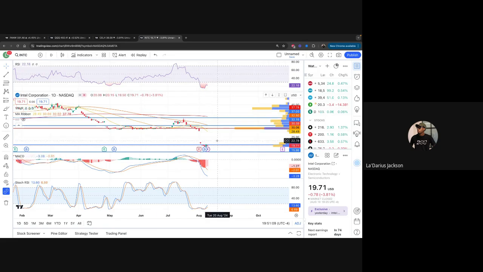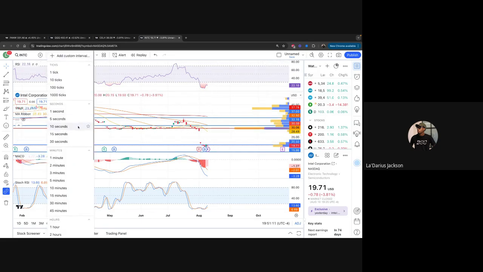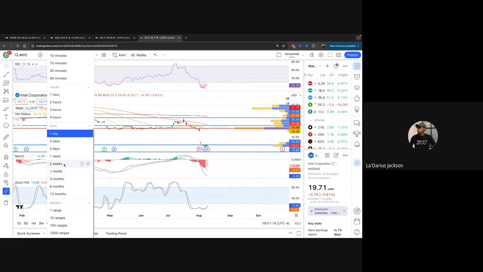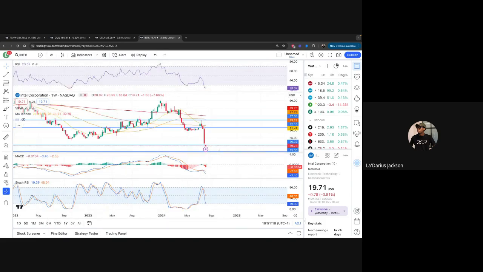But I think Intel right now still needs to find this level of consolidation and find some interest from buyers if we're playing it to the upside. On the downside, if it breaks below the low 19s, mid 18s, we could see, worst case scenario, 15. If the market pulls back, this is still going to pull back some. And again, the worst case scenario for me would be 15.